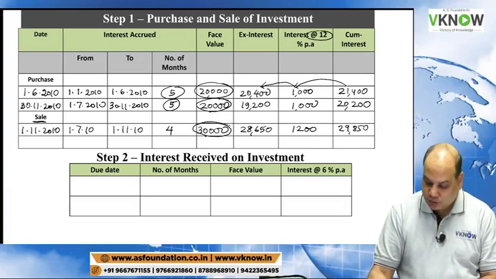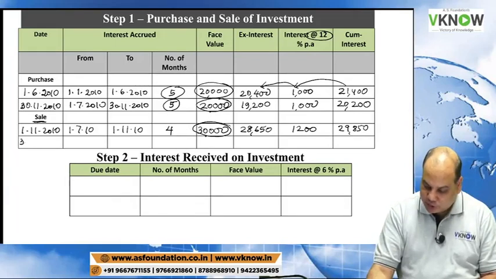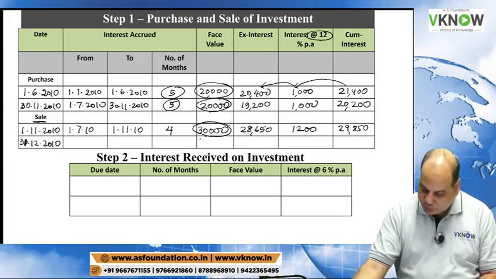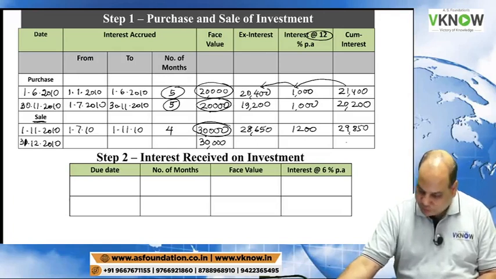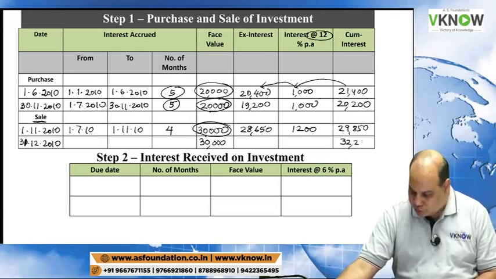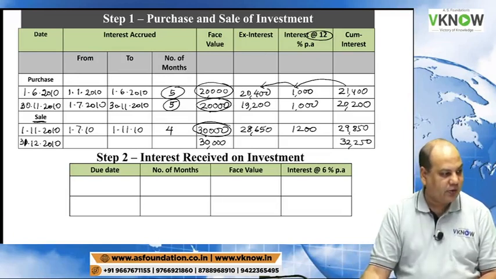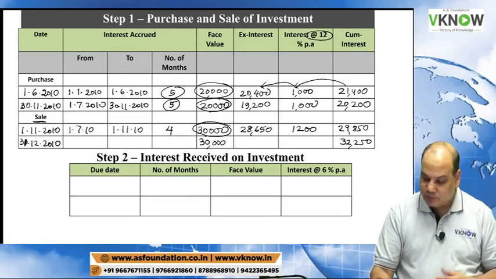Next, sale is fourth and fifth line of the question. 31st December 2010. 300 debentures are sold for cum interest price of 32,250. This is given, 32,250.